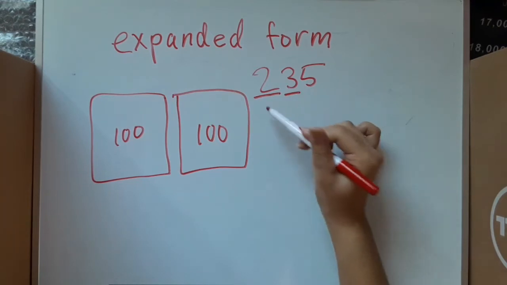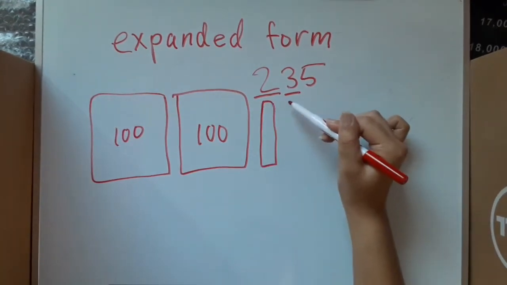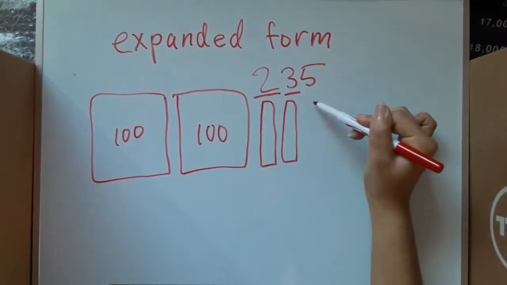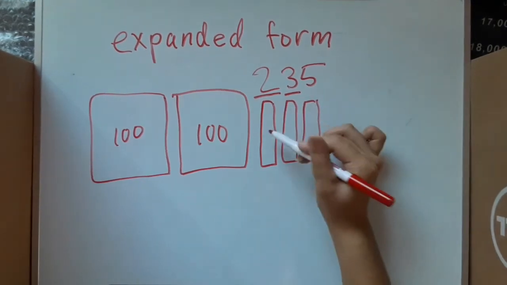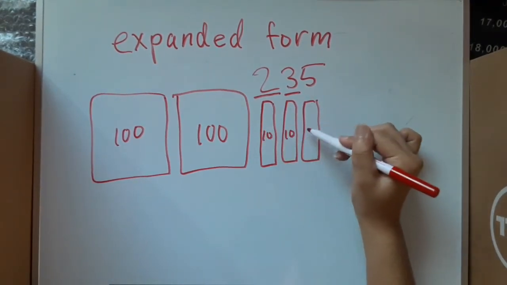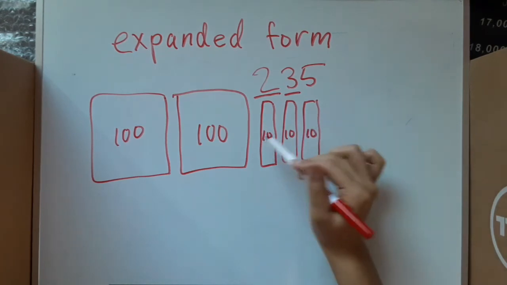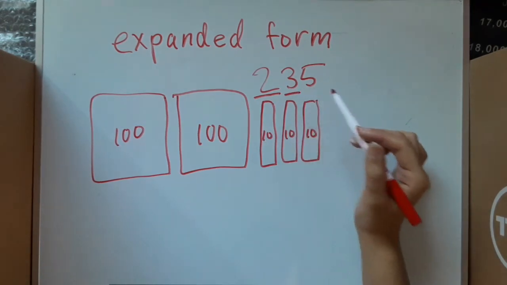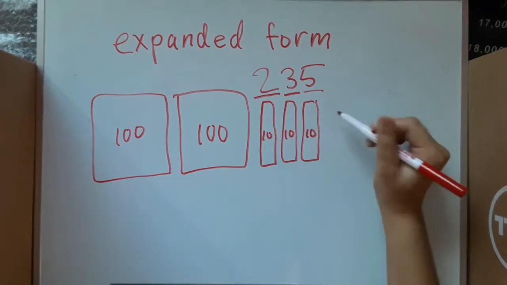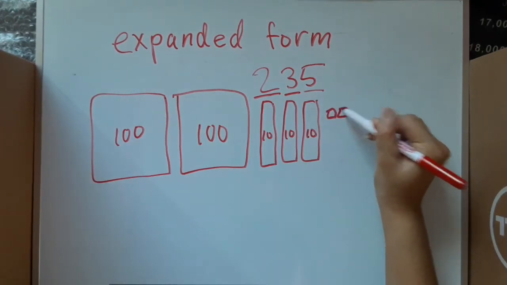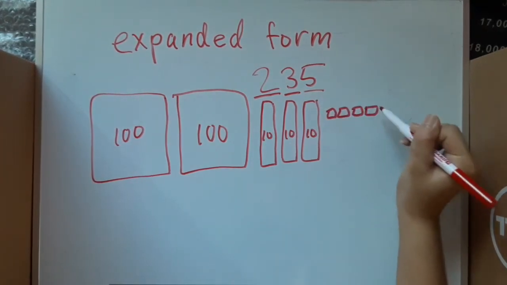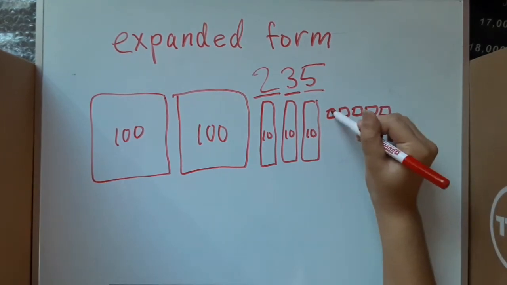For the 3, we would have 1, 2, 3 sticks of 10. And that is 30 for the 3. For the 5, we would have 5 blocks of 1.